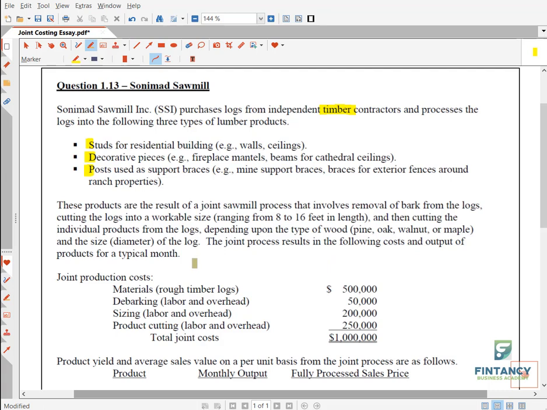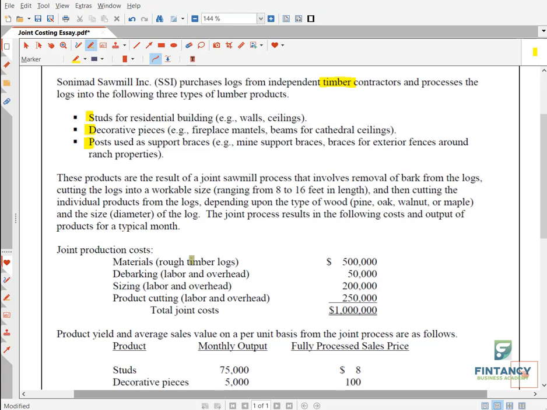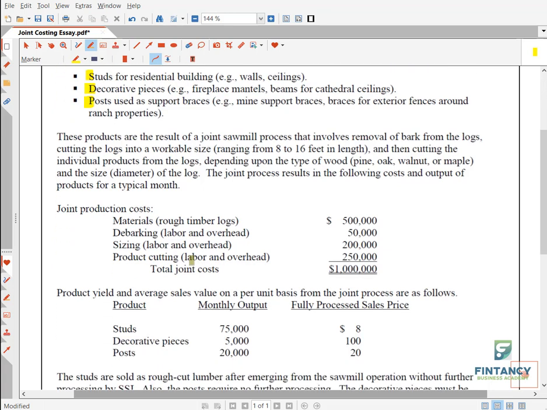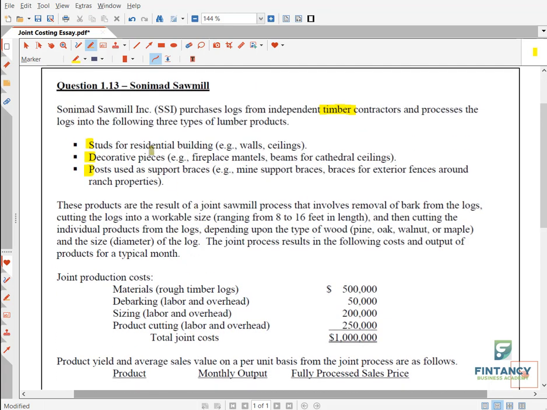Then cutting the logs into a workable size ranging from this to this, we don't need this information, and then cutting the individual products from the logs depending upon the type of wood, pine, oak, walnut, maple, and the size of the log. All this information is irrelevant for you. So this is exam technique which you need to know. You need to quickly skim through it because this will not help you in answering this question. We just need to know there are three products, class S, D, and P.